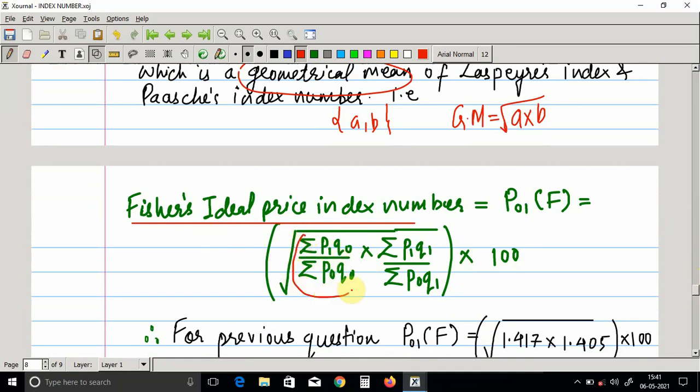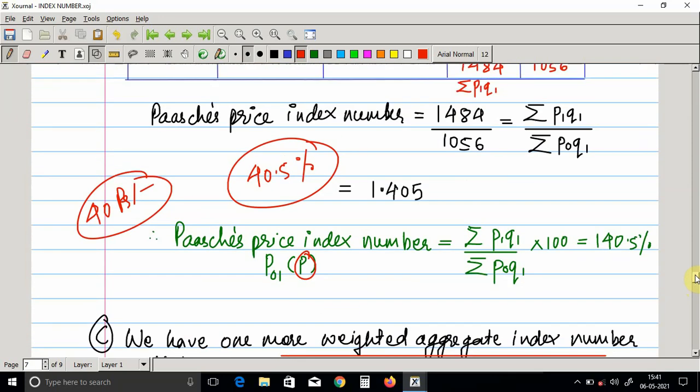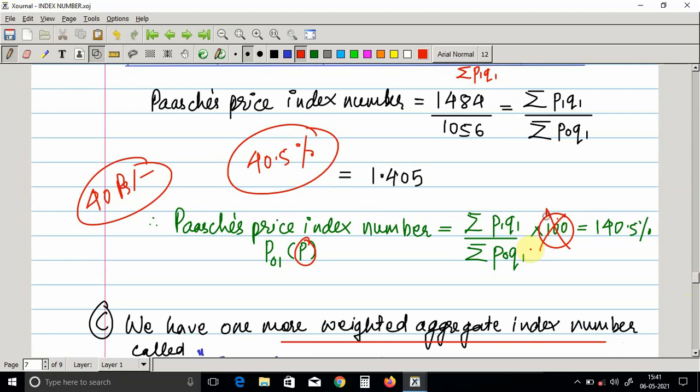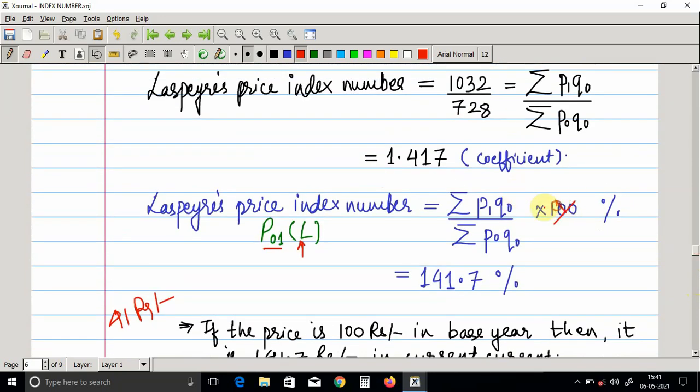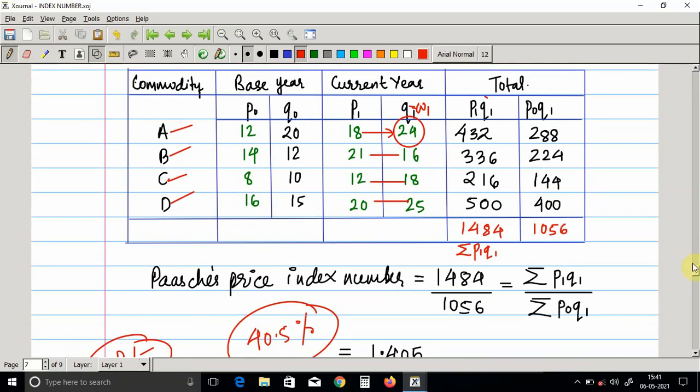This is the coefficient in Laspeyres price index, without multiplying by 100. Just remove this 100. And this is the coefficient in Paasche price index, remove this 100. So just multiply those two values.